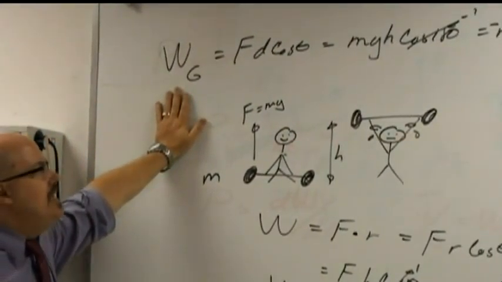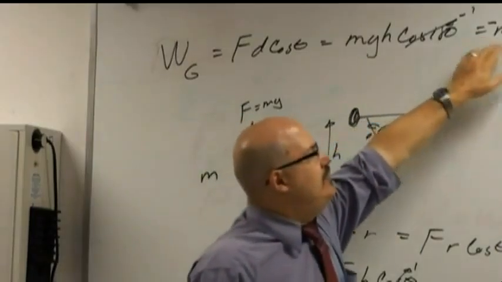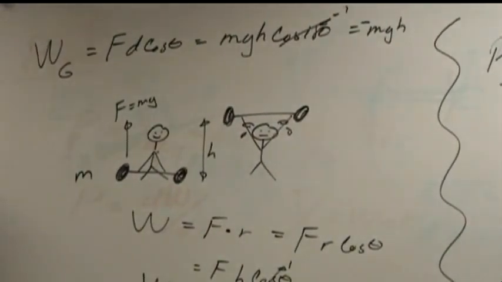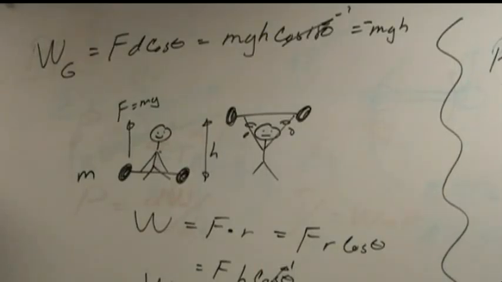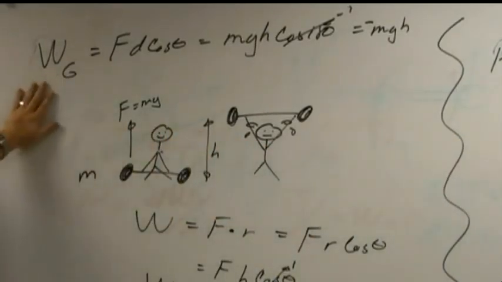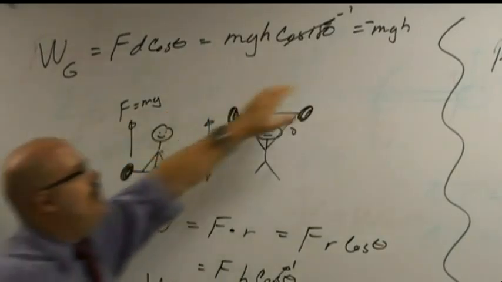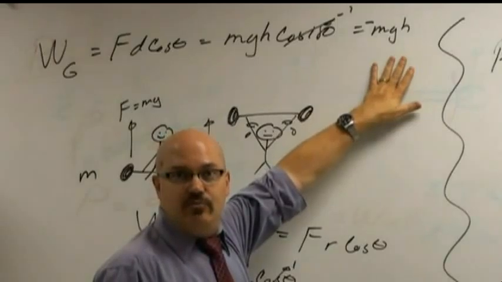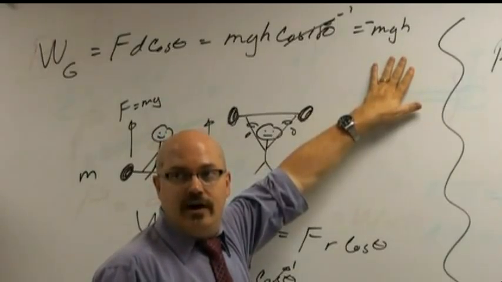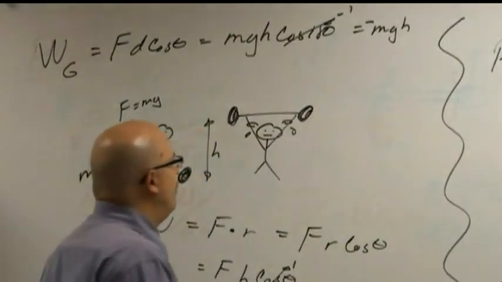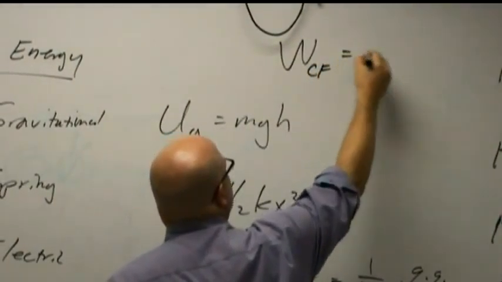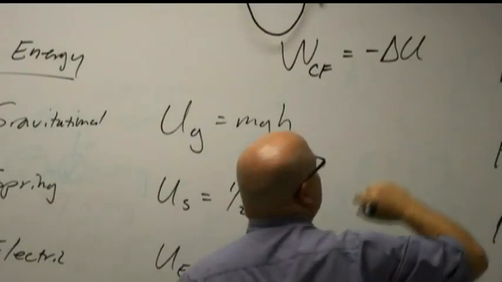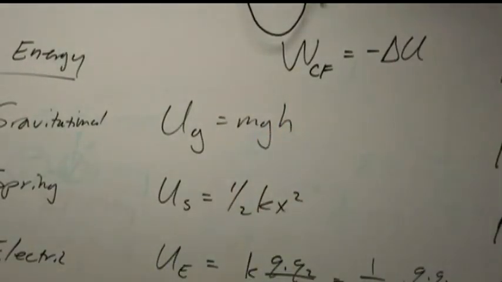The work done by gravity is equal to a negative change in potential energy. Let me say that again. The work done by gravity is equal to a negative change in potential energy. I'm going to make a general statement here. This is always true: the work done by a conservative force is equal to the negative change in potential energy that's associated with that conservative force.